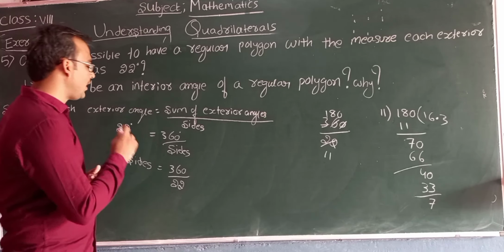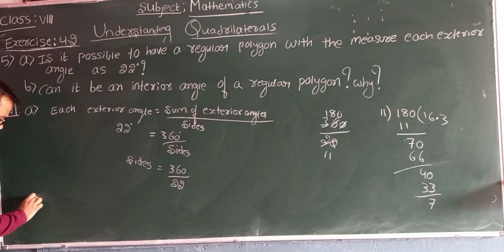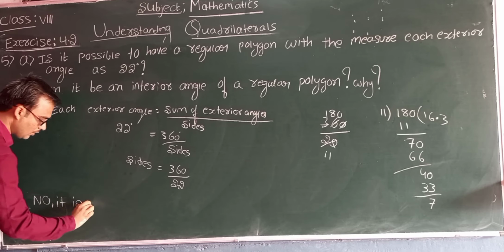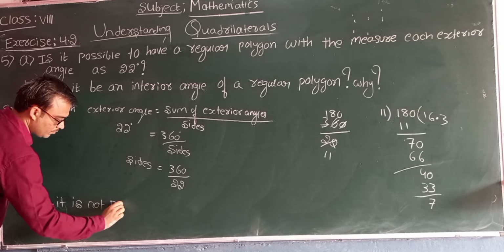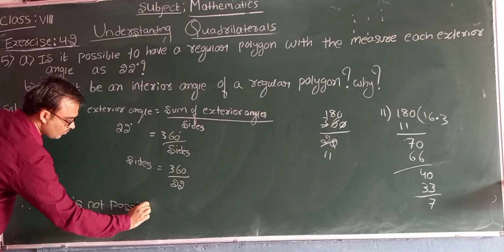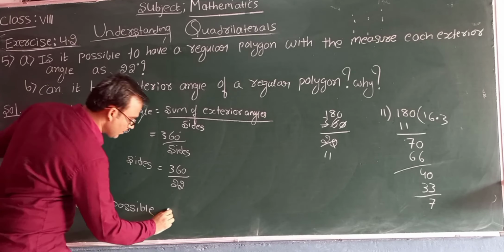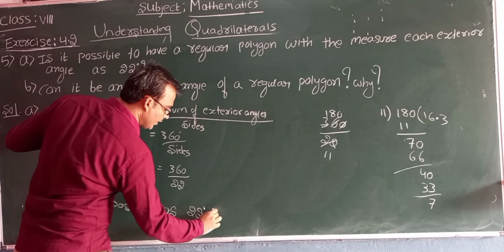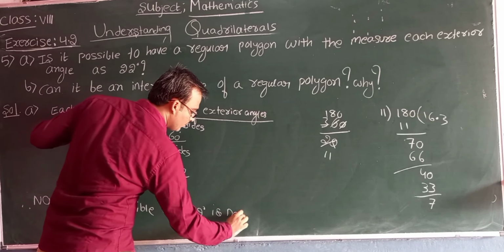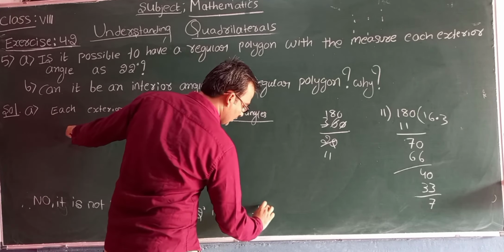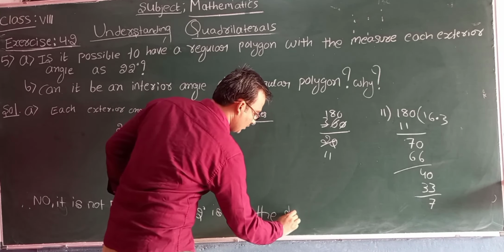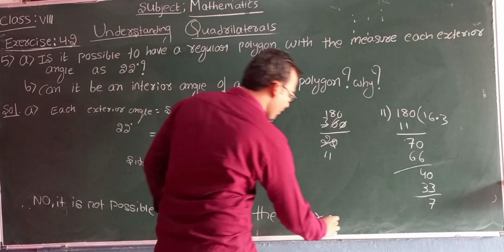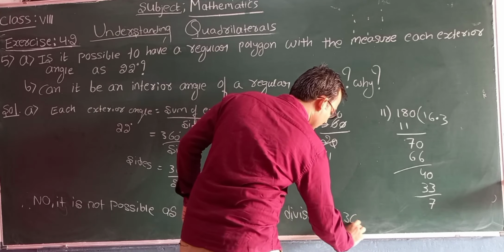Okay, so here we'll write this. No, it is not possible as 22 degrees is not a divisor of 360.